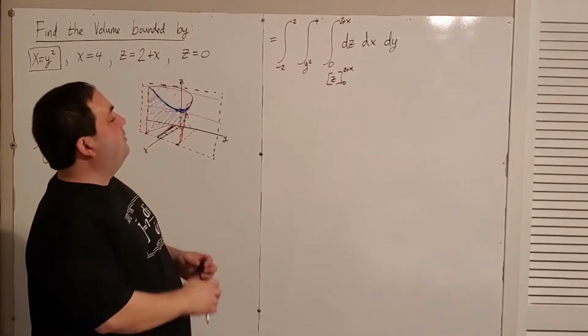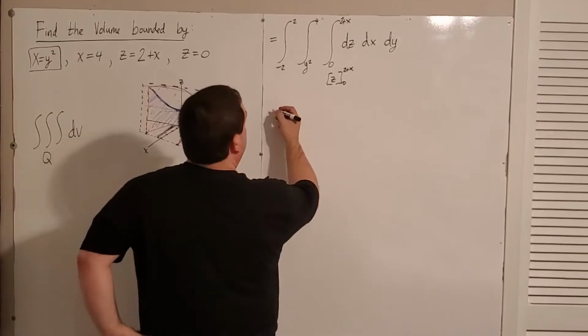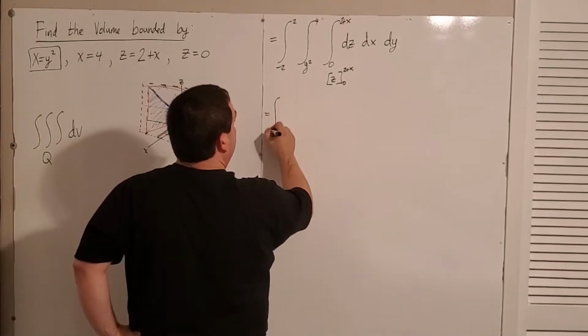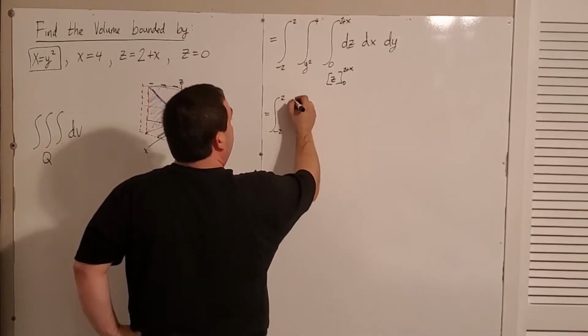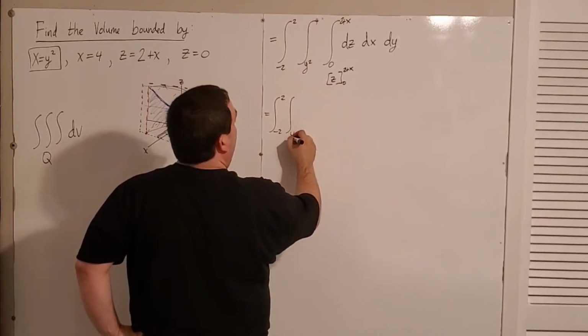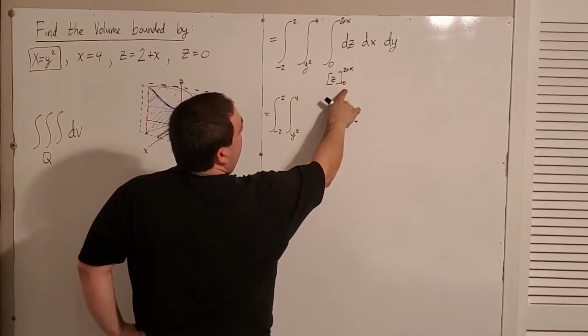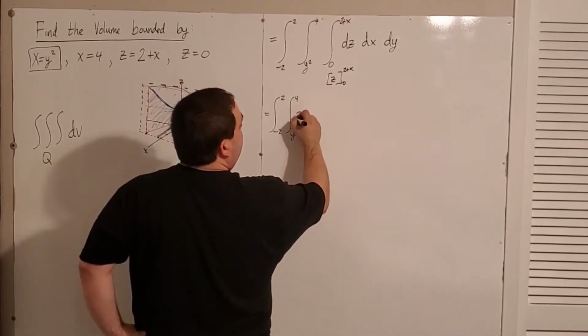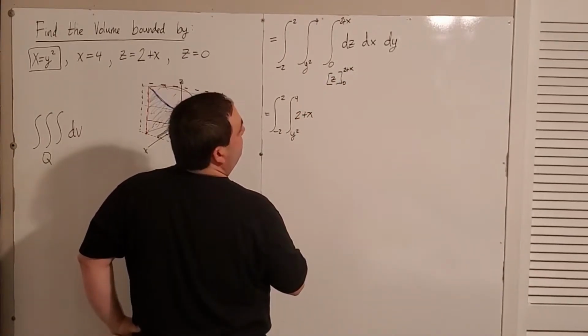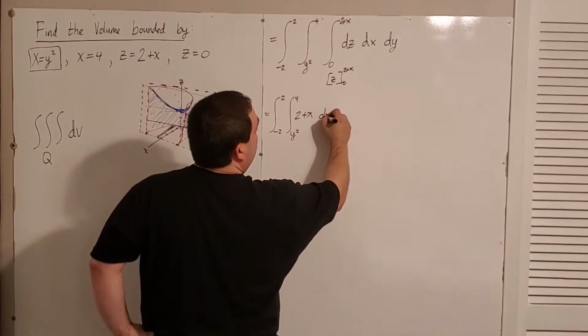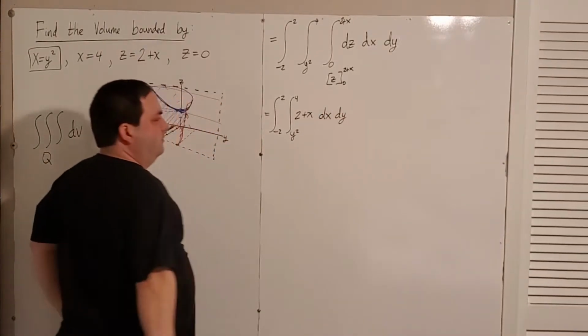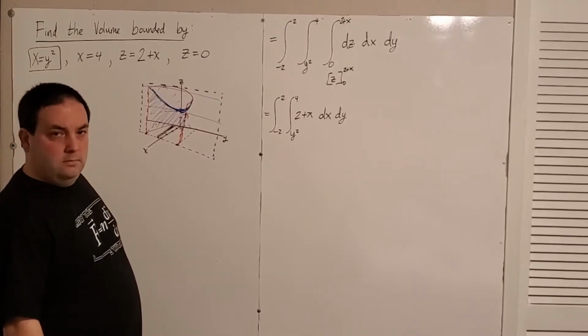Okay, so that's a pretty straightforward piece. I have integral from -2 to 2, integral from y squared to 4, 2 plus x minus 0 is just 2 plus x. And then I have dx and then dy.